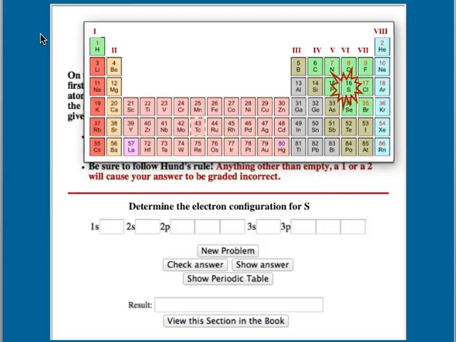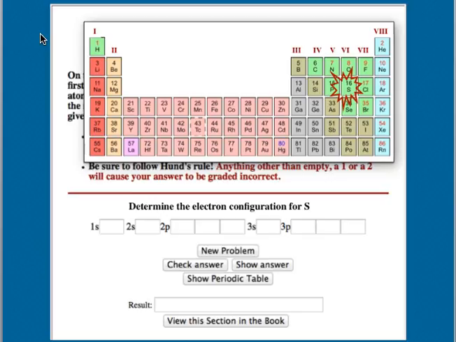It also means the second one is full. So it can hold a total of 8. 2 in the S and 6 in the P's. Third period, the S is full, and we have 1, 2, 3, 4 P electrons.